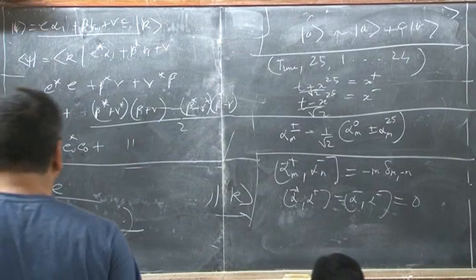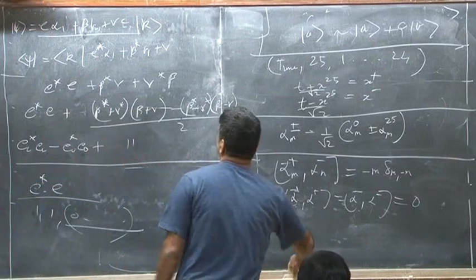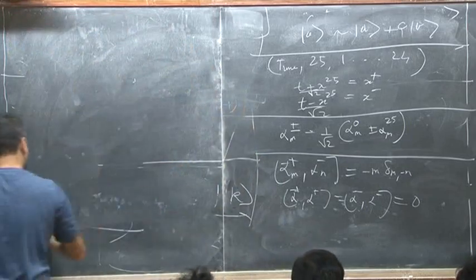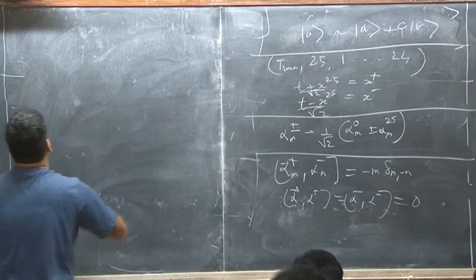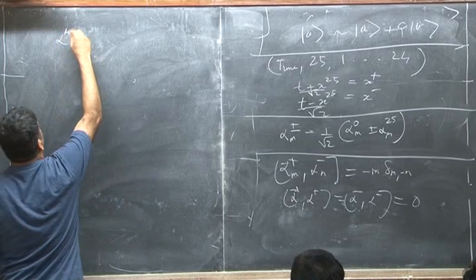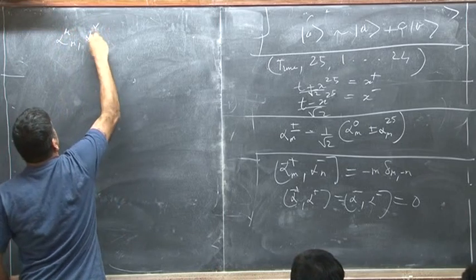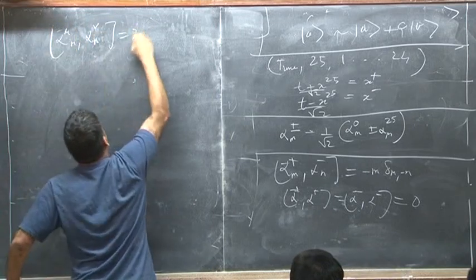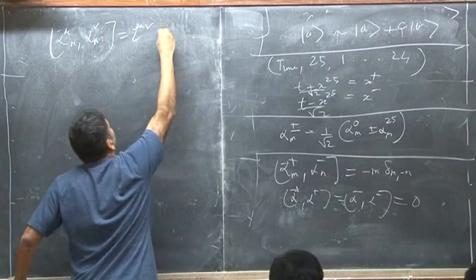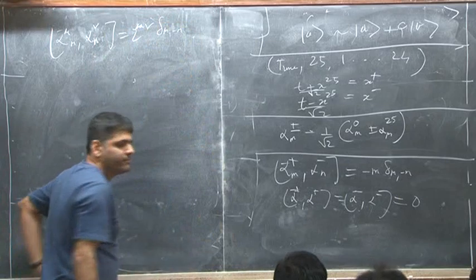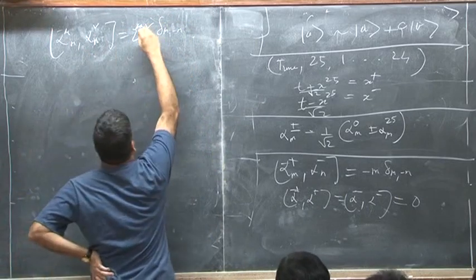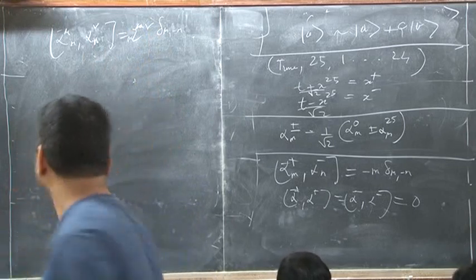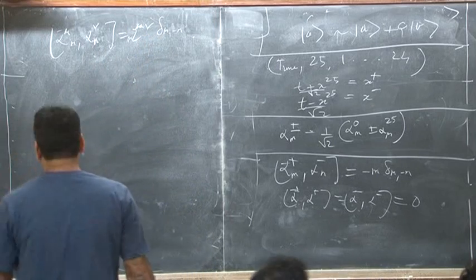Now, why is this correct? Let us remember that in the ordinary case we had alpha mu m with alpha nu n equal to eta mu nu times m delta m plus n.